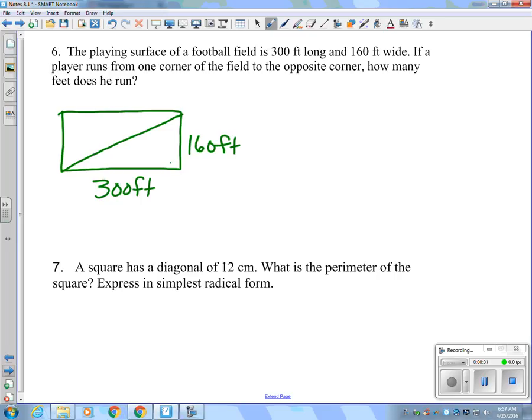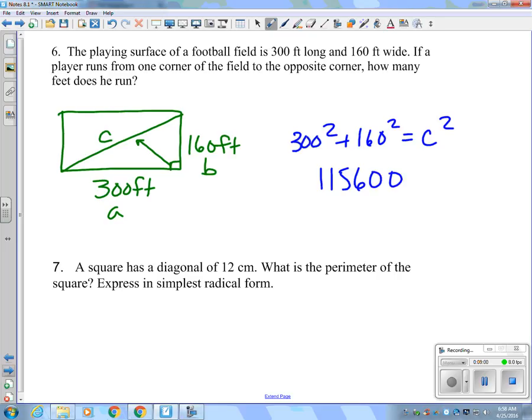So here's your right angle and your right triangle. So it's going to be here is your side C again. So that means one of these is A and one of these is B. So in that case, we are looking at 300 squared plus 160 squared equals C squared. Now if I type that all in at one time, 300 squared plus 160 squared comes out to be this really, really large number of 115,600.